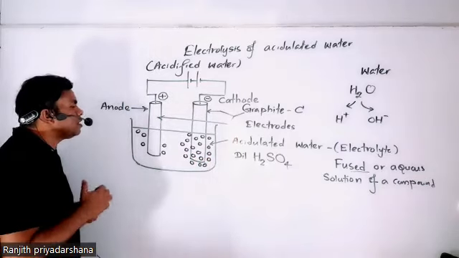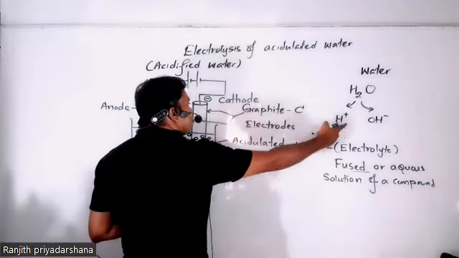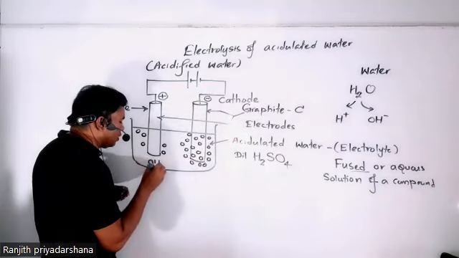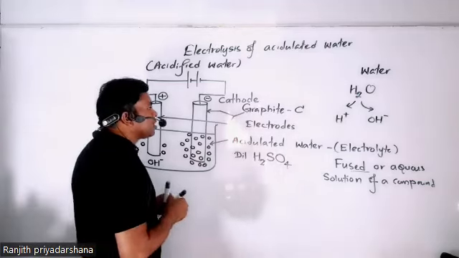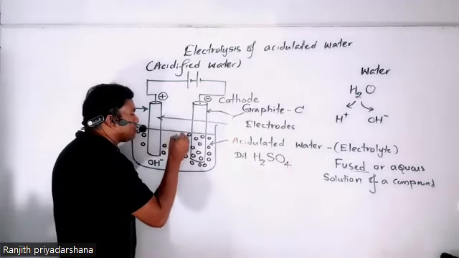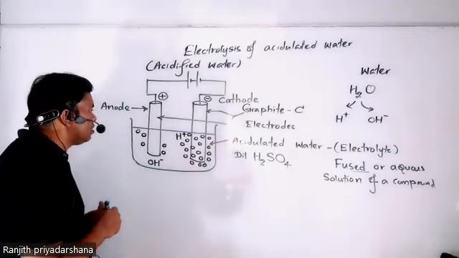The reason behind that is the positive terminal attracts the negatively charged OH minus ions, and the negative cathode attracts the positively charged H plus ions. Are those the only types of ions in this solution?